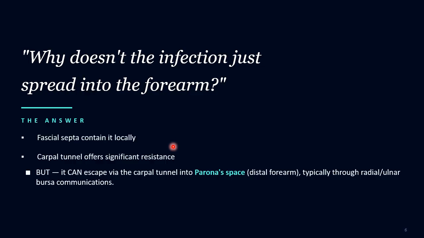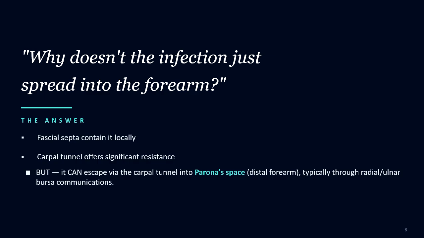Proximally, the spaces are sealed off from the forearm by the carpal tunnel. However, although the carpal tunnel offers a lot of resistance, pus can escape via the carpal tunnel into the space of Parona. This is a superficial space in the distal forearm which is continuous with the radial and ulnar bursae.